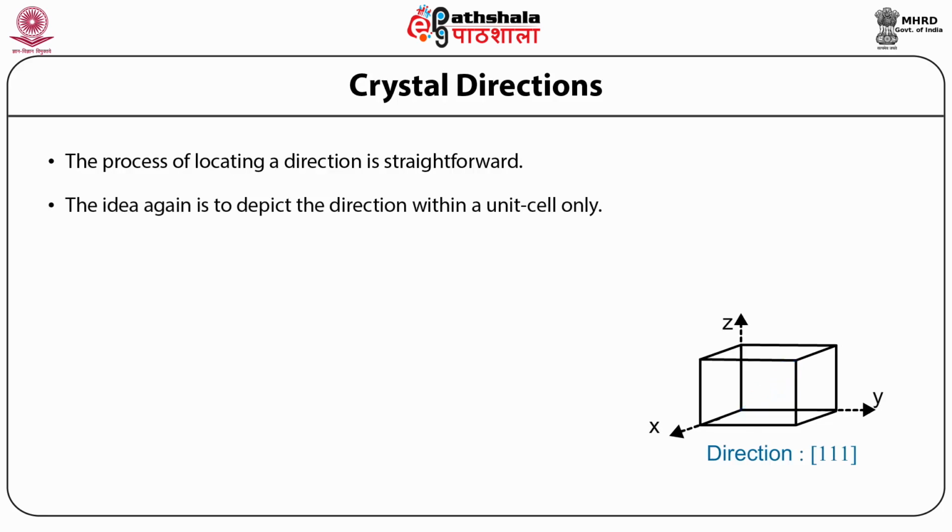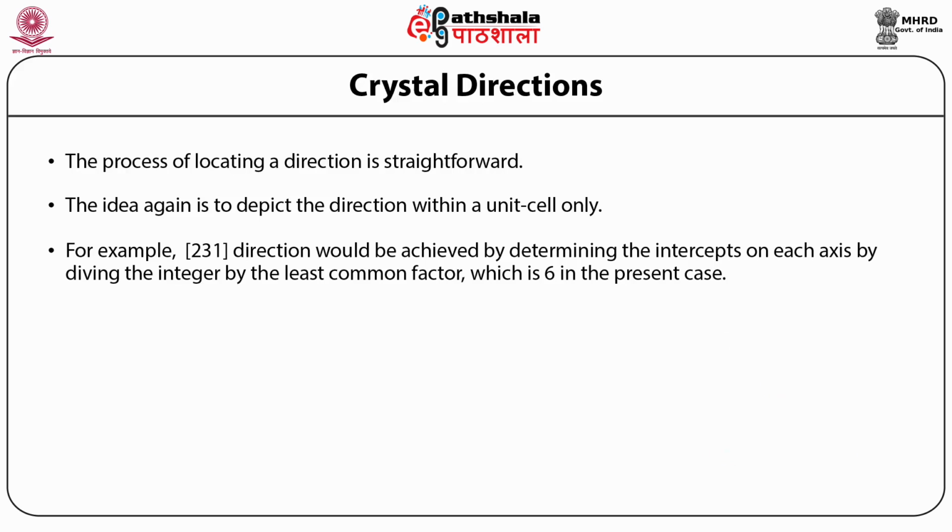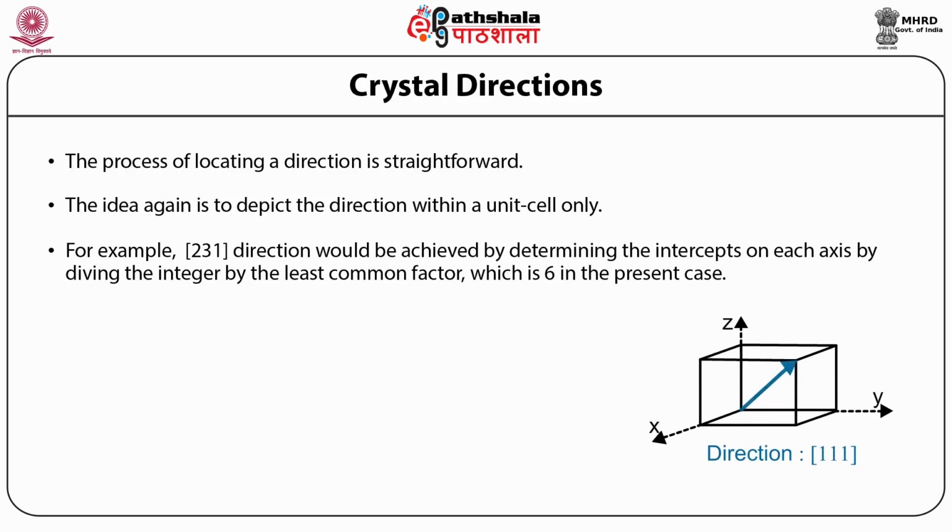The idea again is to depict the direction within a unit cell only. For example, the [231] direction would be achieved by determining the intercepts on each axis by dividing the integers by the least common factor, which is 6 in the present case.